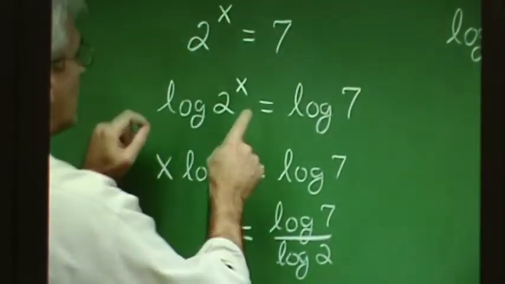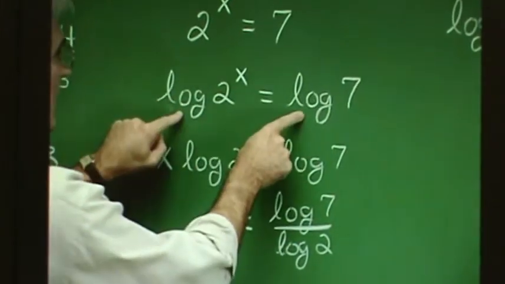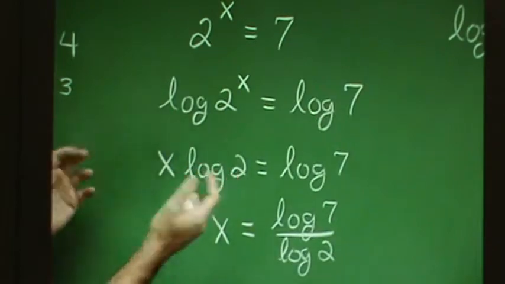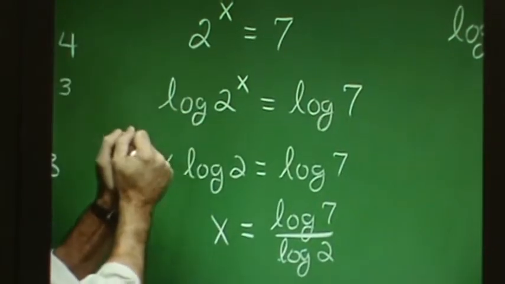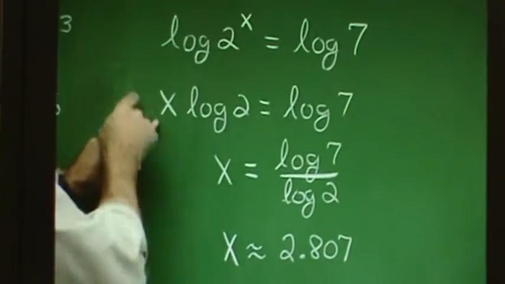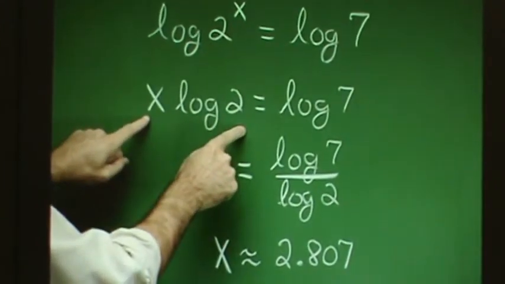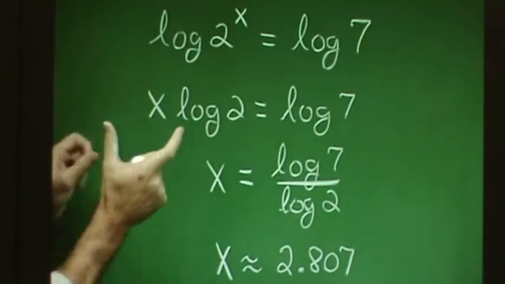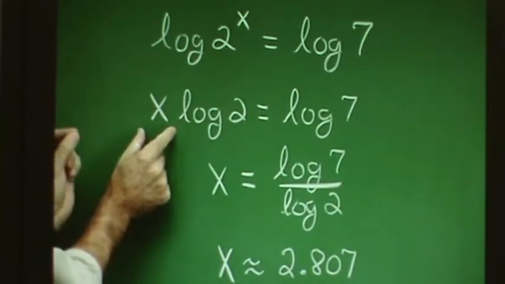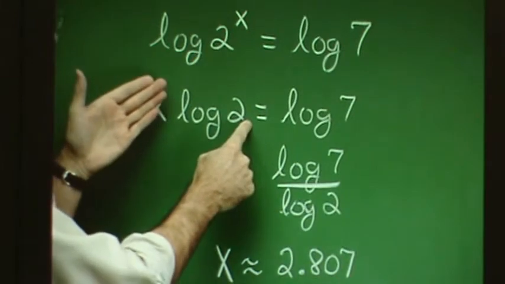I've elected to use the common log here on both sides. So just logarithm on both sides. You see, that's what we're doing. Now we use our various properties and manipulations to solve the equation. By the power property, x becomes the coefficient of log 2. Now, I think it's more appropriate to think of it right here, though, that log 2 is the coefficient of x. That is, log 2 is just a number in the calculator.